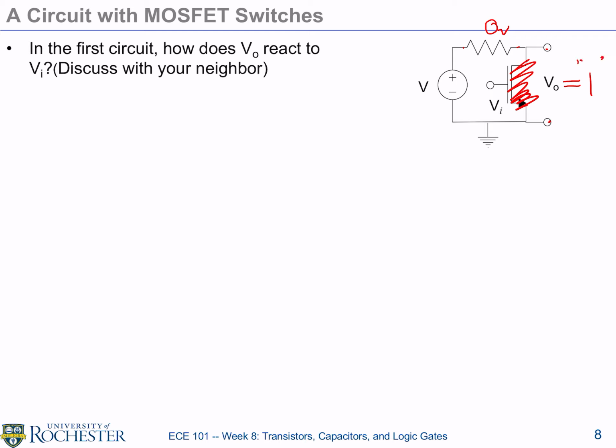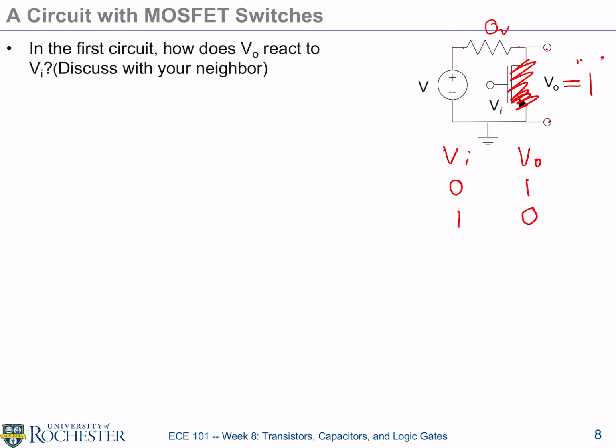So what is that? If input is low, the output is high. If input is high, the output is low. That's an inverter, a NOT gate. The output is the opposite of the input. That's a piece of logic. It works, right?